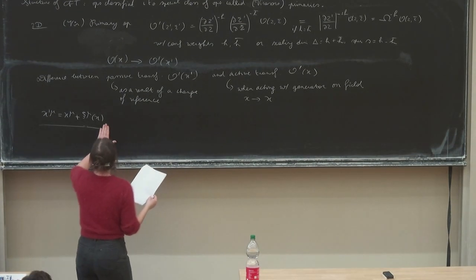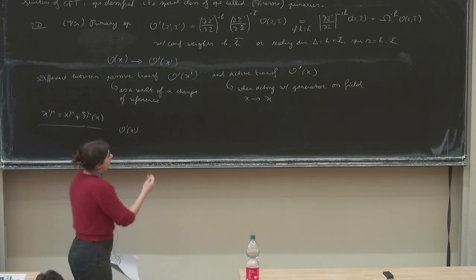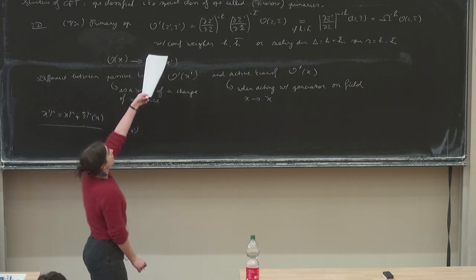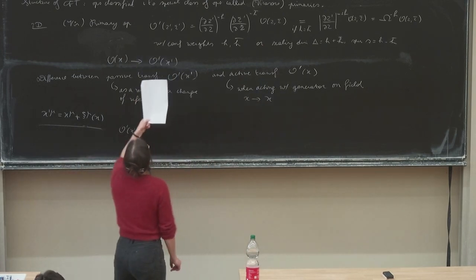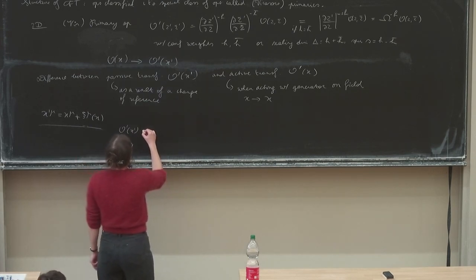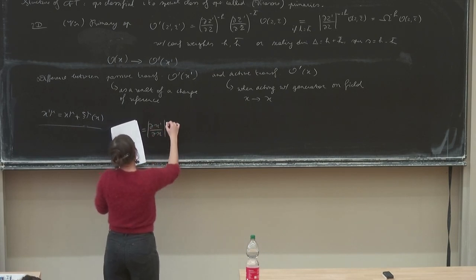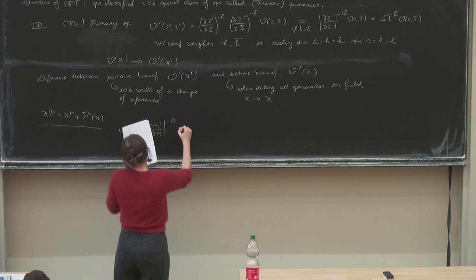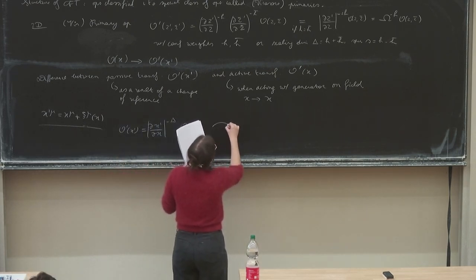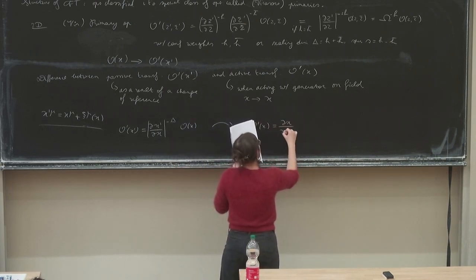So we'll say a bit more about this in the exercises. But just understanding this difference between passive and active allows you to write down O prime of x if you know O prime of x prime by a trick, which is the following. So O prime of x prime for a primary is dx prime dx to the minus, well, delta, let's say, O of x. And then the active one is this.